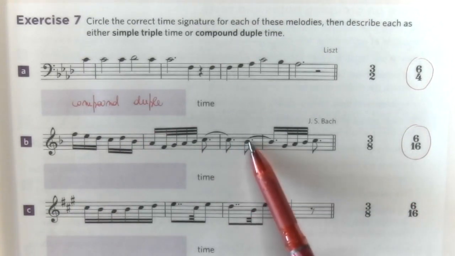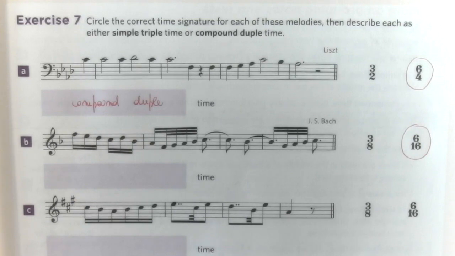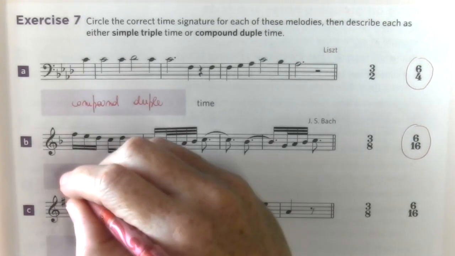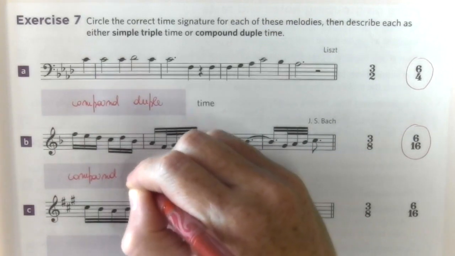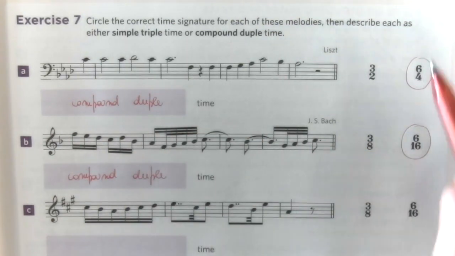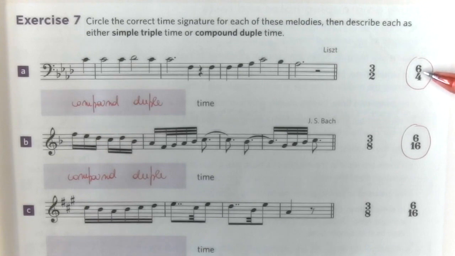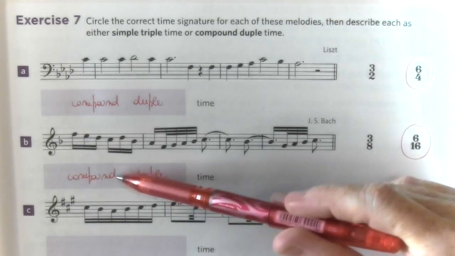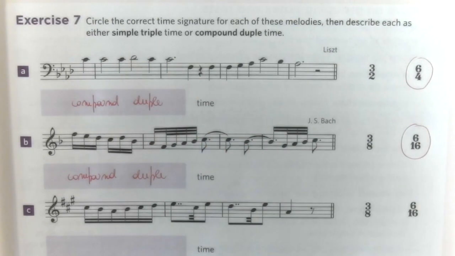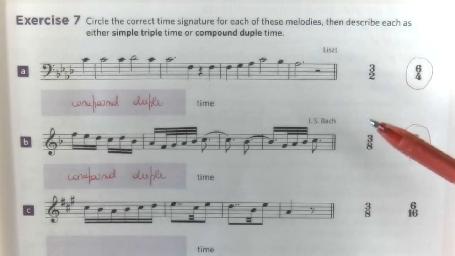Here is 1, 2, 3, 1, 2, 3. Compound. So compound duple time. And remember what we said before, that when you see 6 it is always duple. Compound duple. Always. When you see 9 it is compound triple. When you see 12 it is compound quadruple.